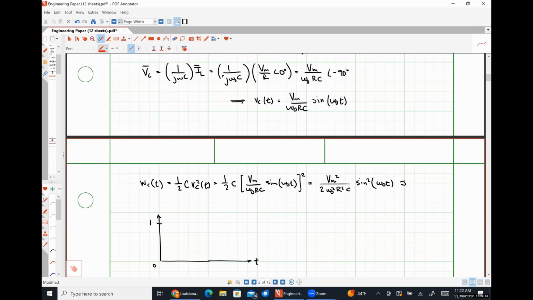So let's do our cosine function, or our inductor energy, as it were, in red. Something like this. What's sine squared going to look like? Well, we could convert both of those sines as cosine of minus 90 degrees.